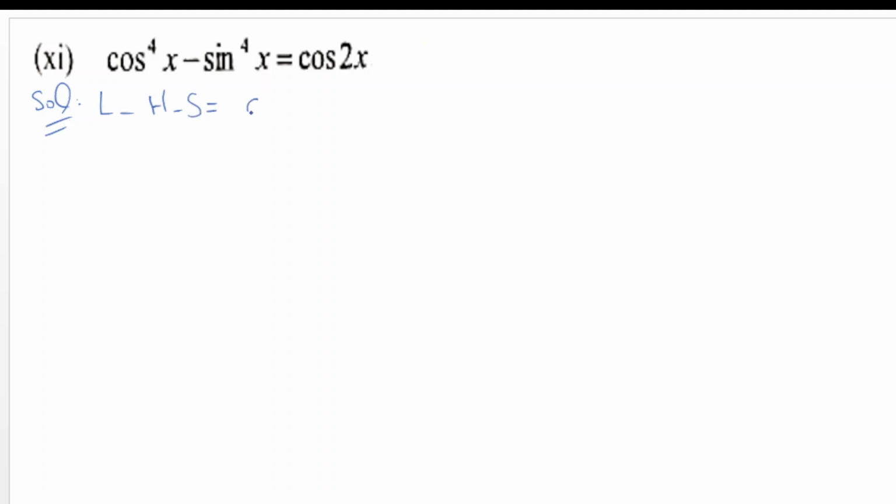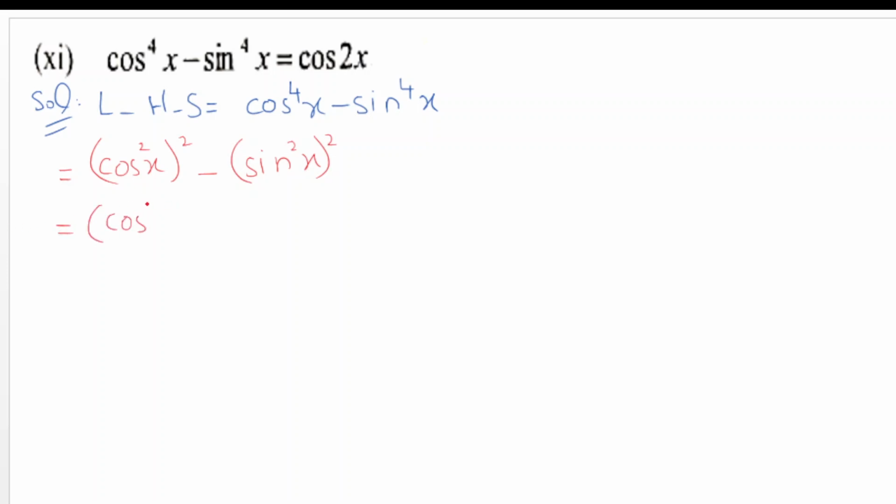So that is cos to the power 4 x minus sine to the power 4 x. In basic algebra, this kind of question comes like a square minus b square, so we can write cos square x minus sine square x, then squared. So a square minus b square, we can write a plus b and a minus b.